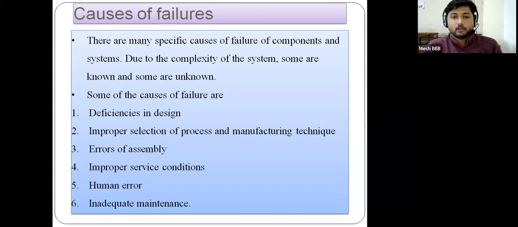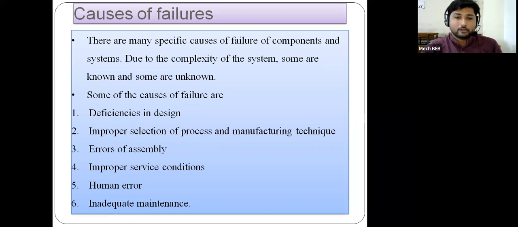Sometimes you are performing one task, and during that task some problems happen because of you only, and the product will not work properly with its appropriate functions. That will be considered a human error.